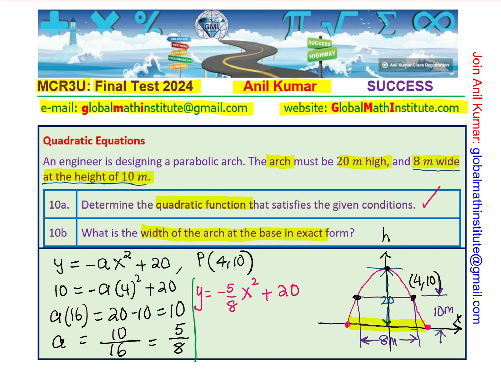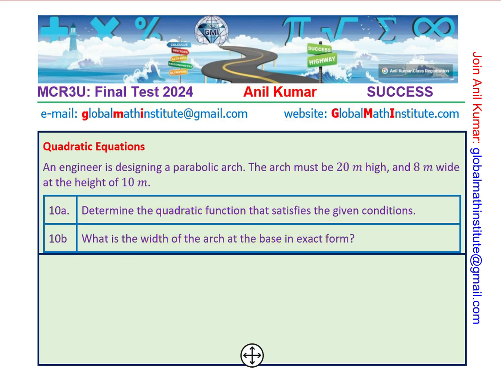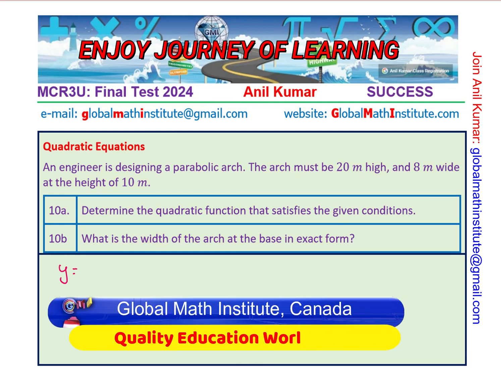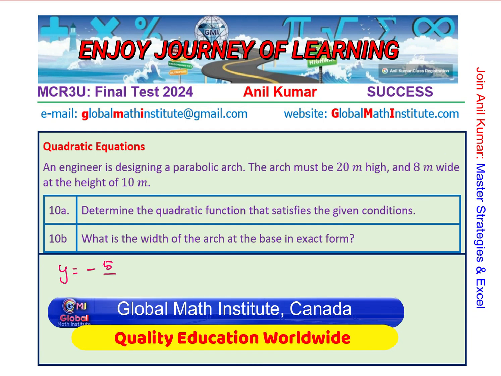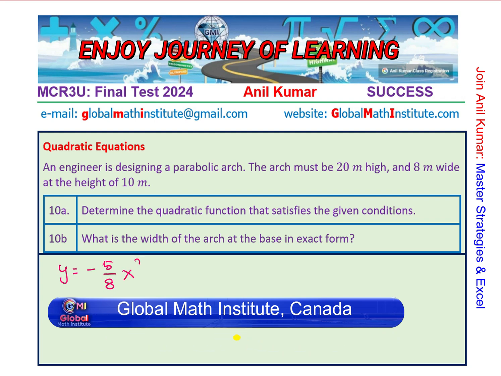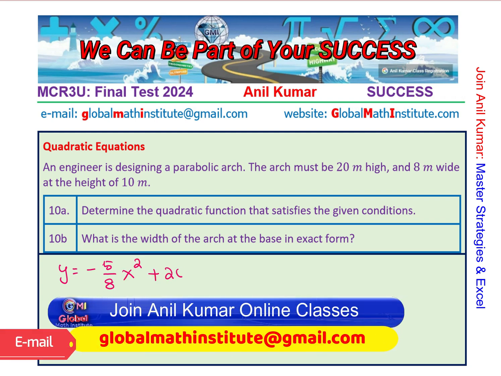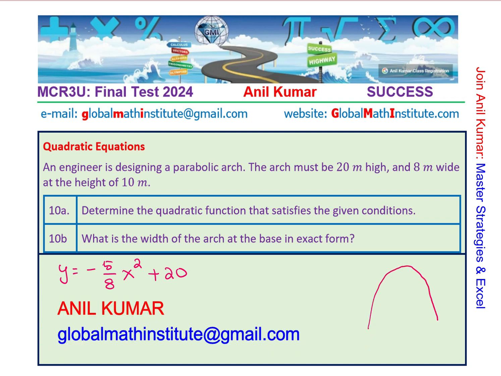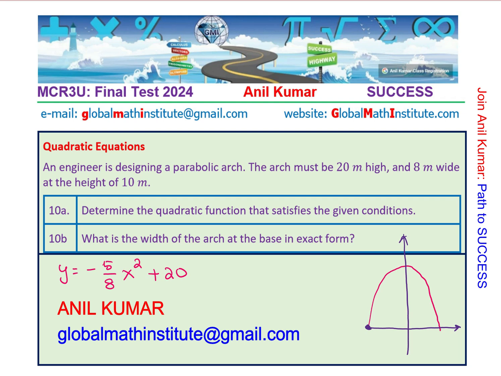We already have the equation in the form y is equal to minus 5 by 8 x square plus 20. Right. So here is the parabola which we are working on, right? And what we need is to find the x-intercepts right there.